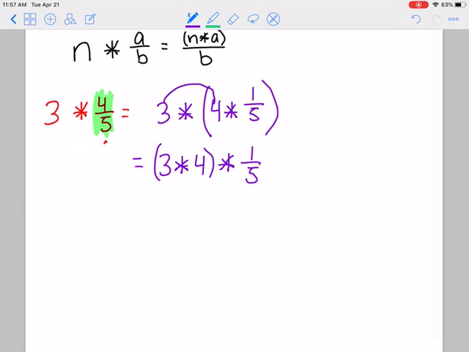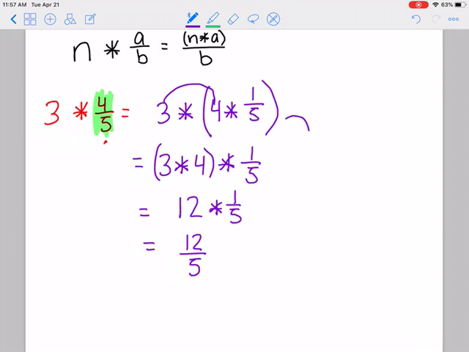So 3 times 4 is 12 times 1/5 equals 12 fifths. Now, you could change 12 fifths to a mixed number, but I'm going to leave it as an improper fraction.